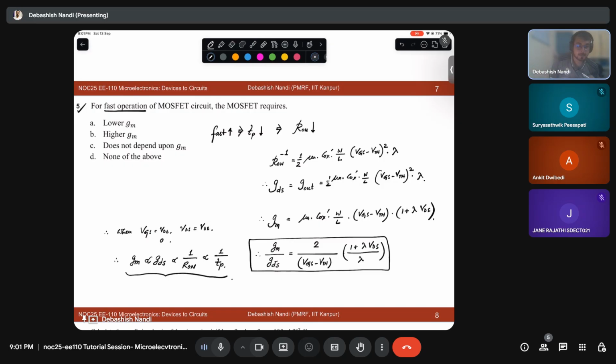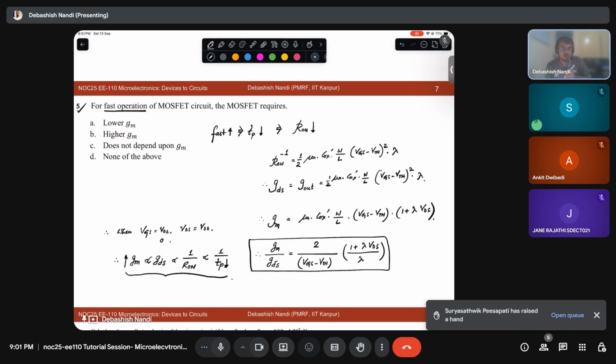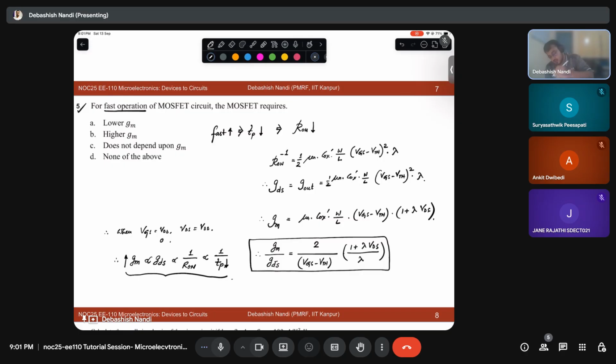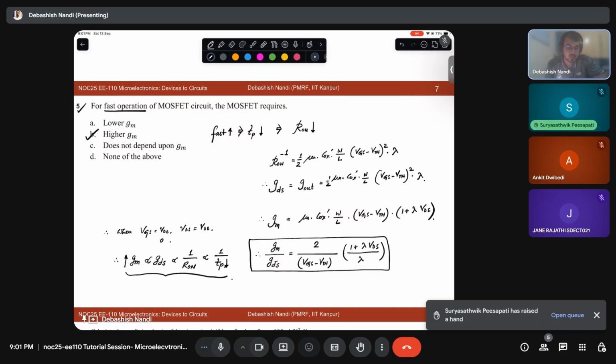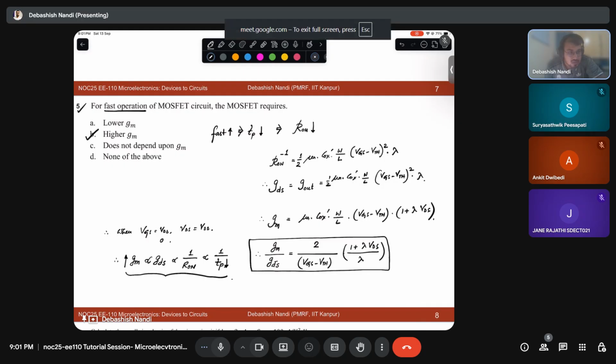Can you see that? Yes. So that is why if your GM is higher, your TP will be lower, or it will be faster. Okay.